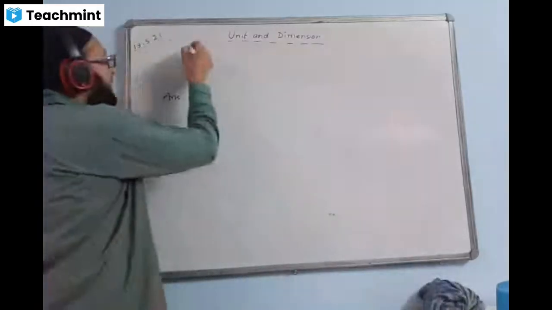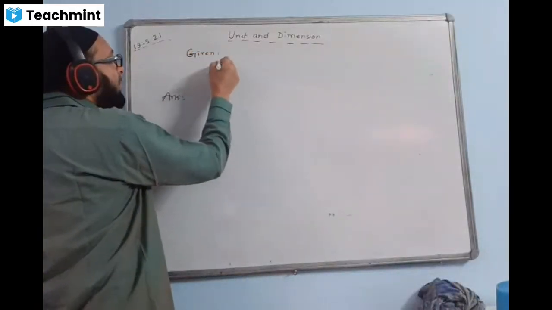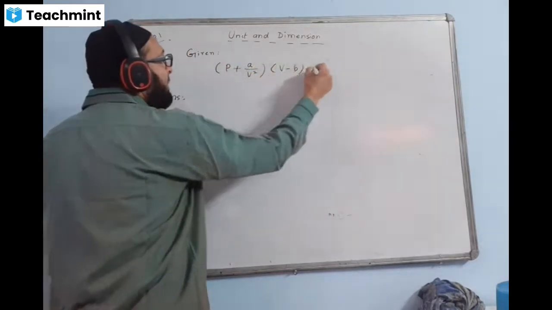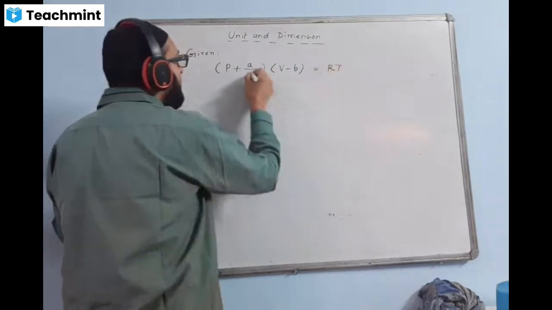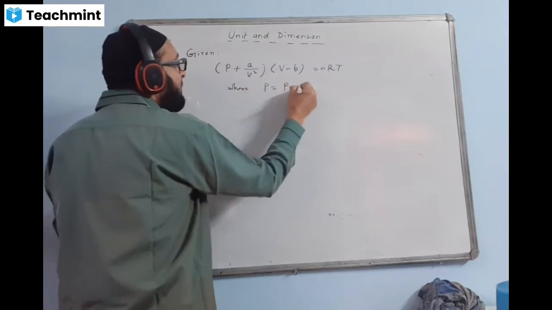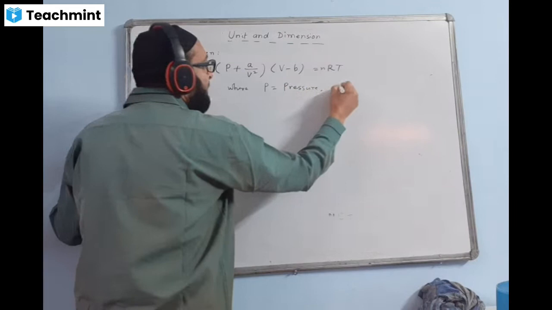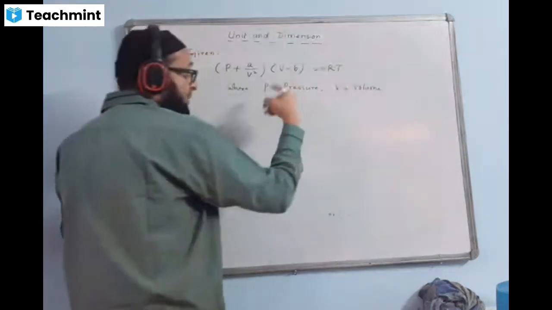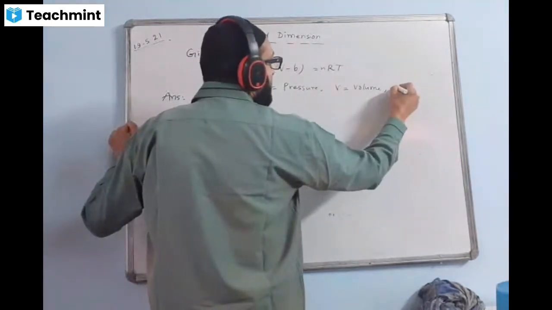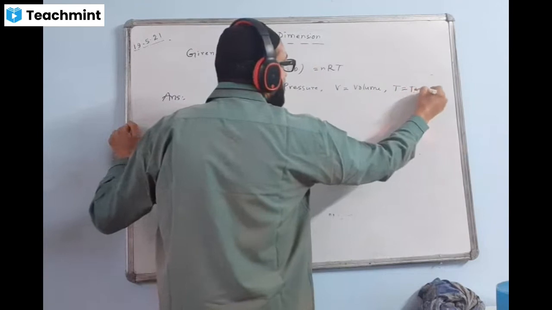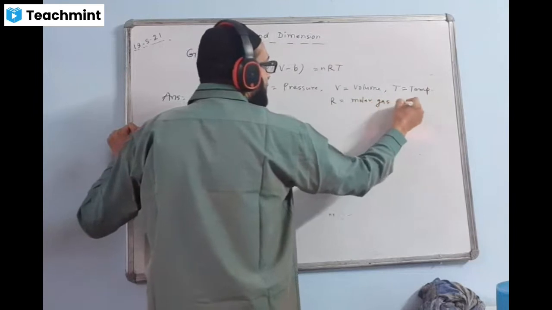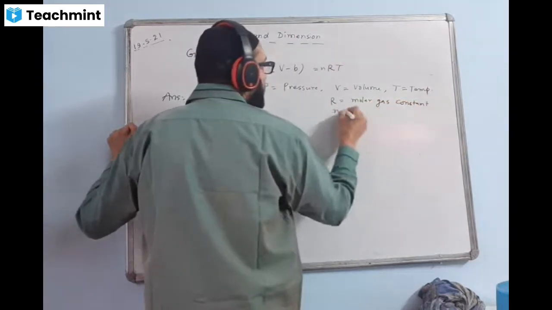Given (P + a/V²)(V − b) = nRT, where P is pressure, V is volume, T is temperature, R is the molar gas constant, and n stands for the number of moles.